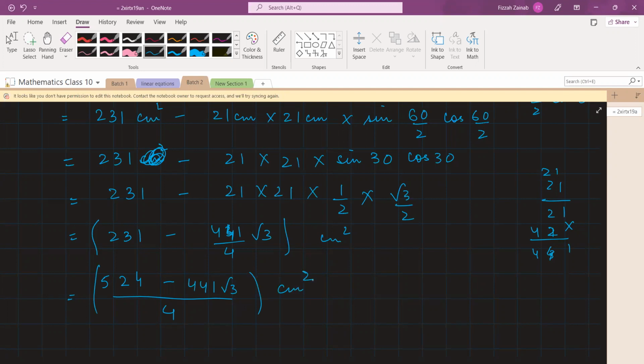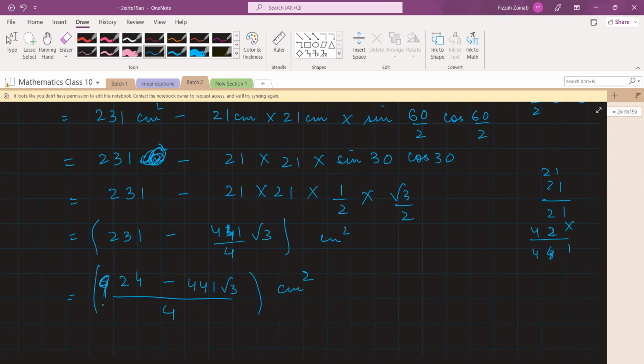Now, Harsha, please check in NCERT. Is it given in decimal or it is like this only? It's given in this form only, but it's 231, ma'am. 231, right?